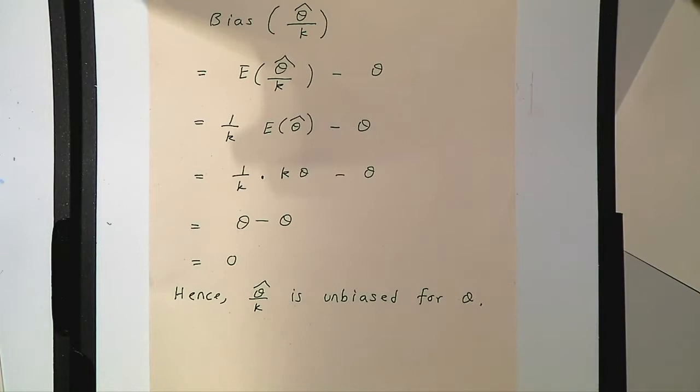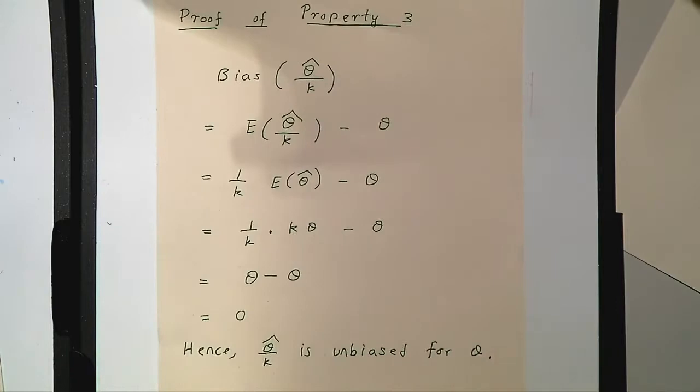All right, so the proof is fairly straightforward, okay? But property 3 should have said the expectation of theta hat equals k times theta, where k is a constant, right? So we have now proved that the bias is 0, hence the estimator must be unbiased, right?